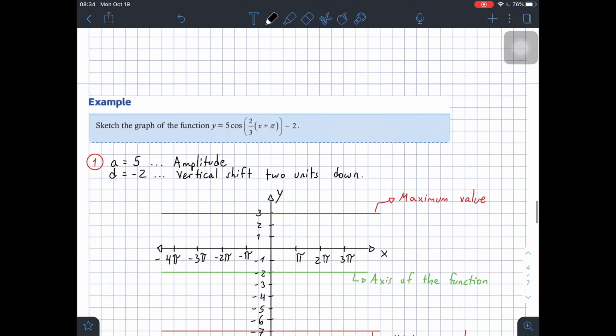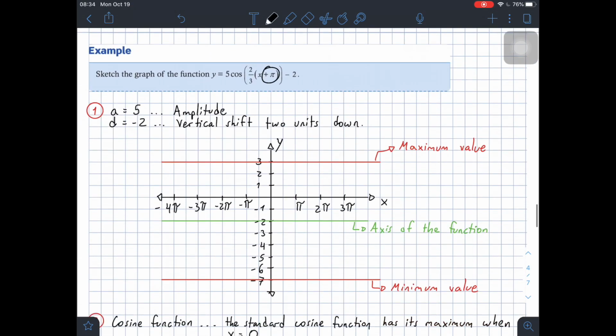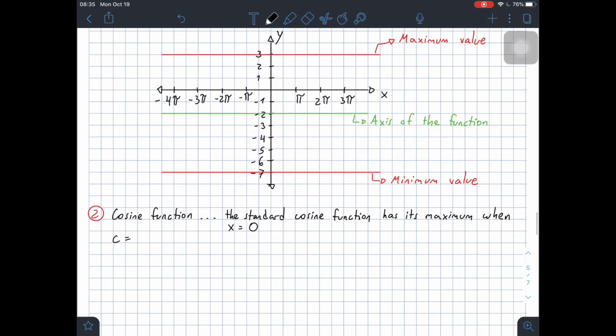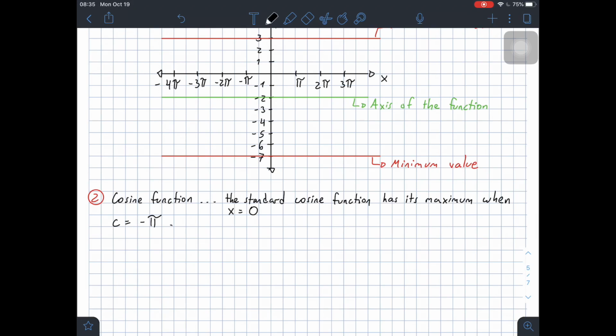So if this is positive pi, it means that the value it's producing should be negative pi over here in order to make a negative times negative, and then it becomes positive, right? So pay attention with that. The value of c is actually negative pi. That means that there is a horizontal translation.